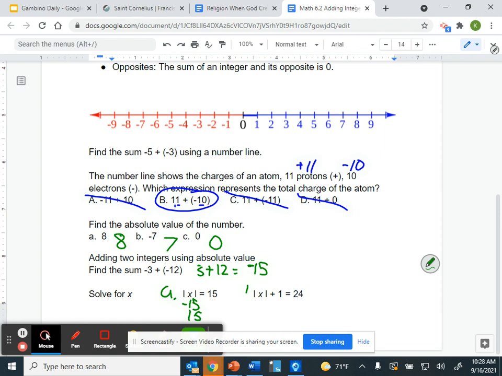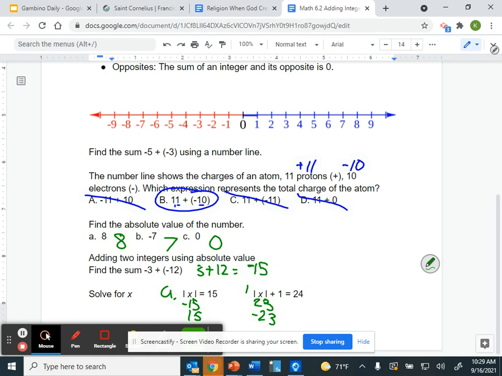But our answer we want to be 24. 23. So the absolute value of 23 is 23 plus 1 equals 24. What other number could it be besides positive 23? Negative 23. Because both of their absolute values are 23. 23 plus 1 equals 24.